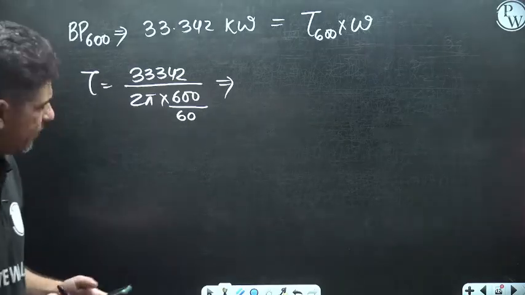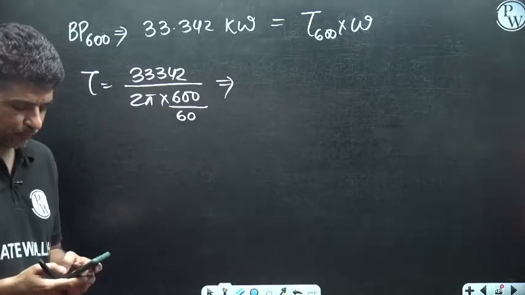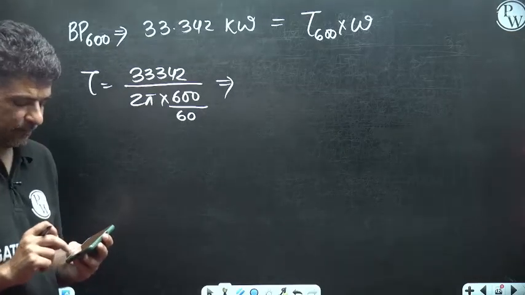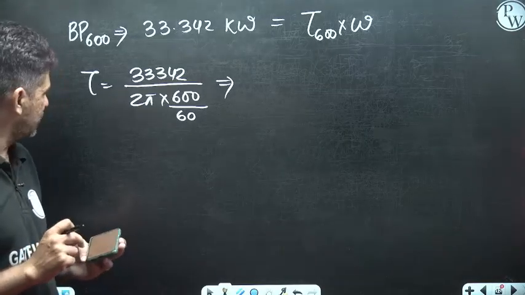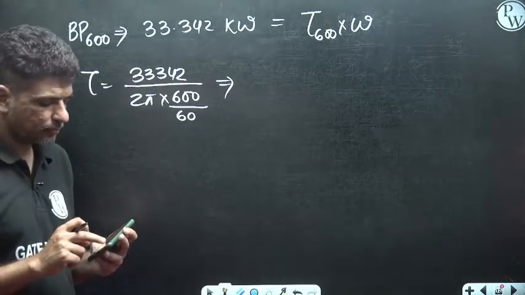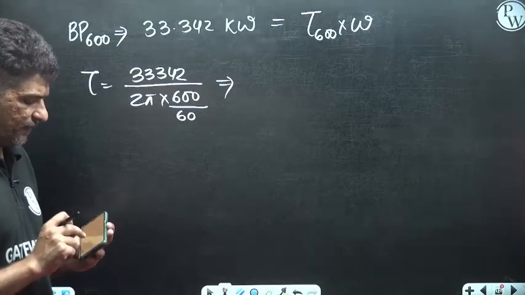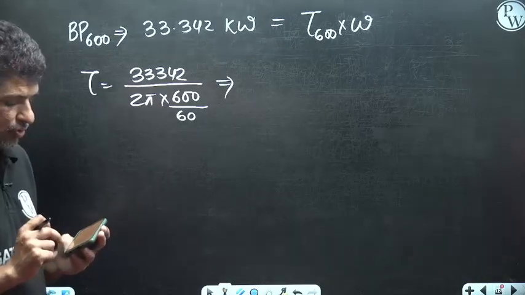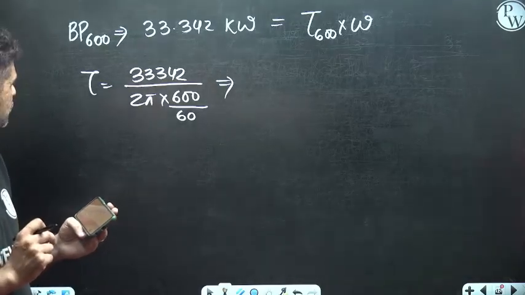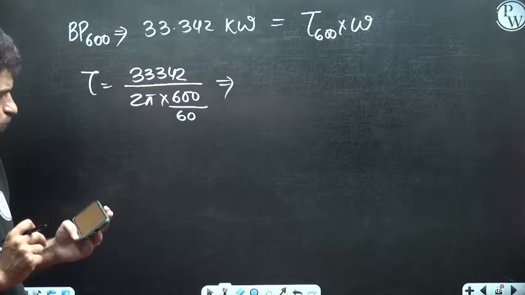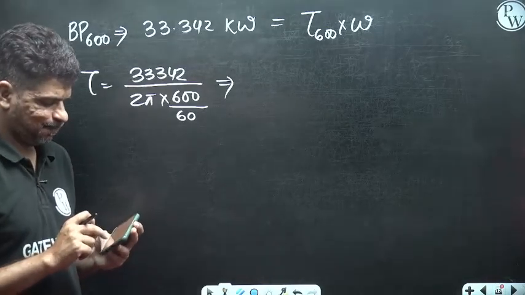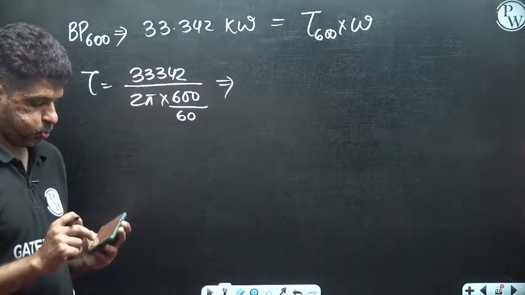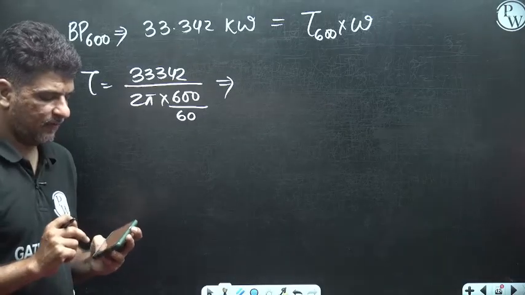Understood? Okay, so divided by 2 pi divided by 10. So the torque measured, oh, I'm sorry. So 33342 divided by 2 divided by pi divided by 10. So 530.65.